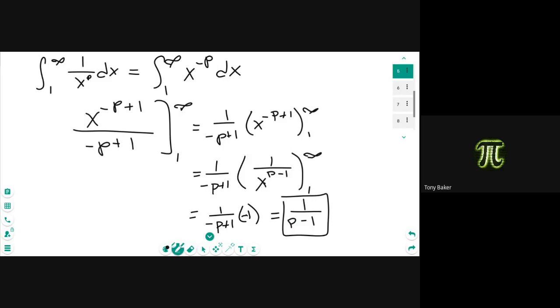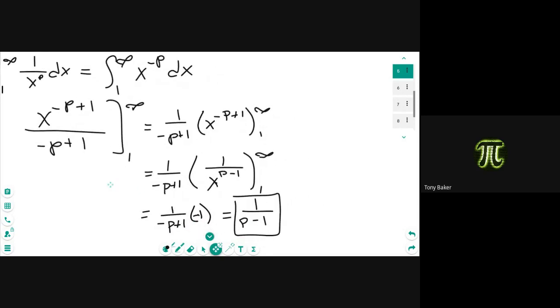So if p equals 1, that would be 1 over 0, right? Is 1 over 0 convergent? No. So that would be divergent.